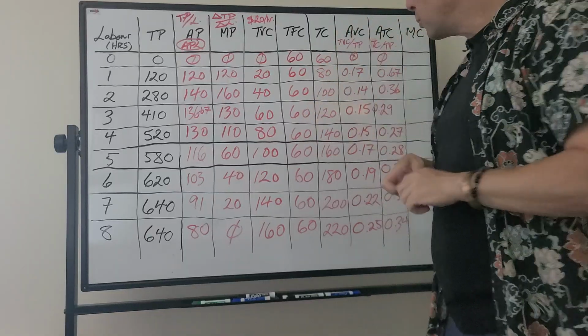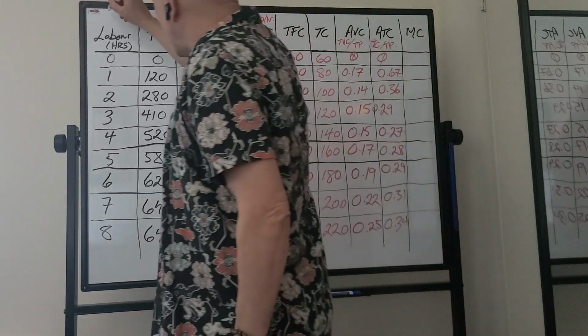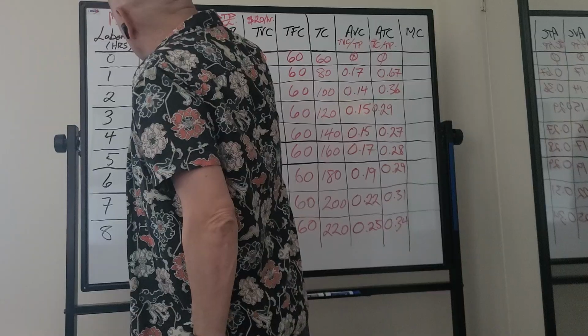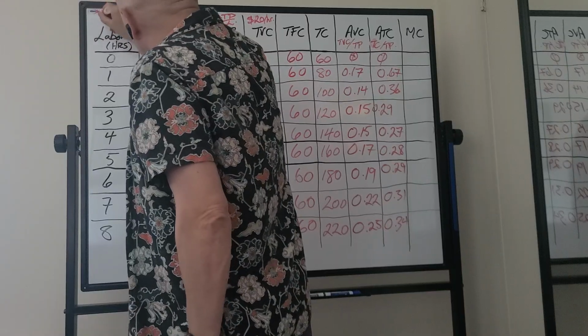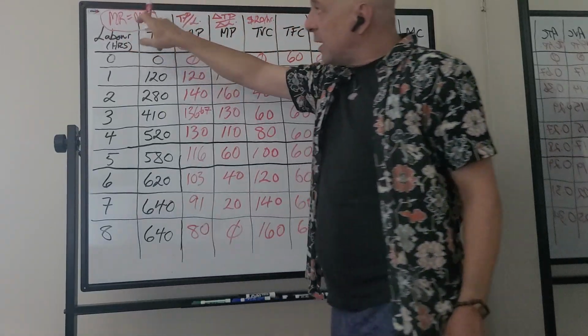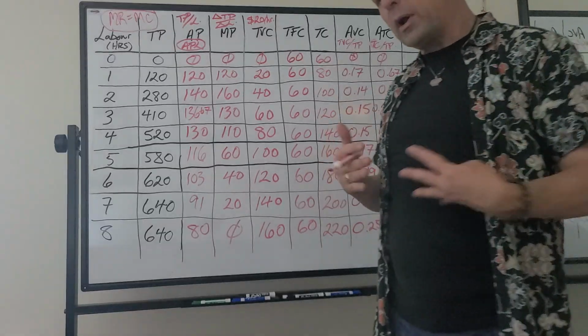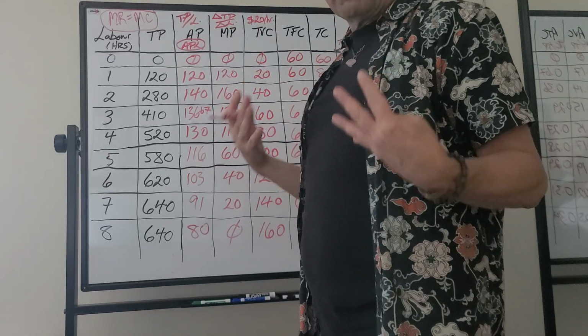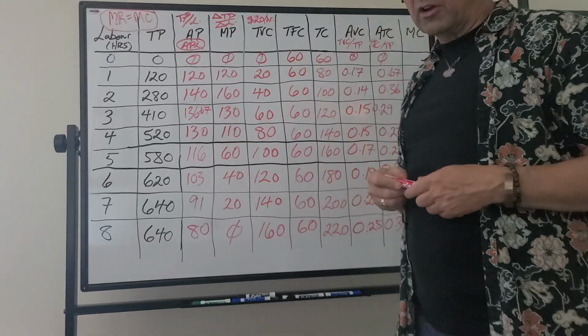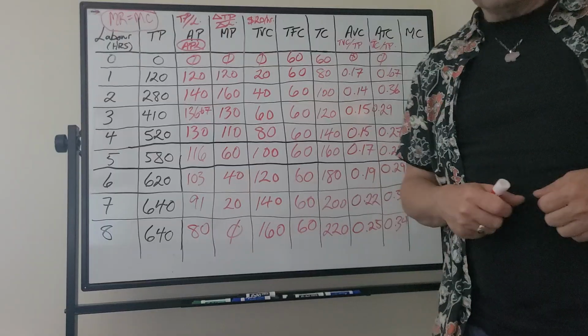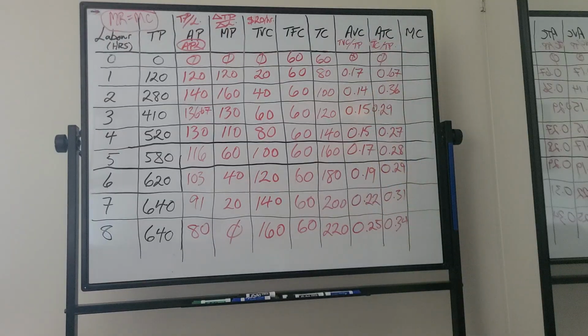And that's the point where we say, it's kind of a magic point where marginal revenue equals marginal cost. And we've said that that is the most profitable point. At that point, we have squeezed as much product out of this operation as we possibly can, as much profit out of this operation as we can.